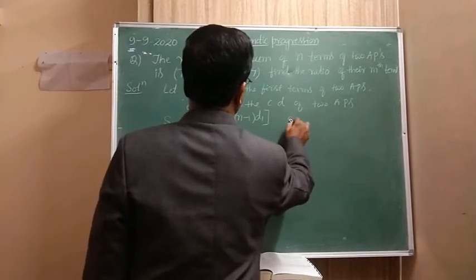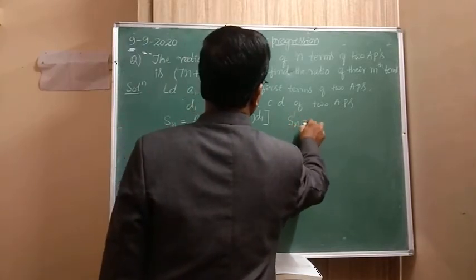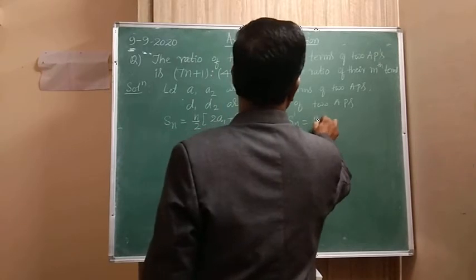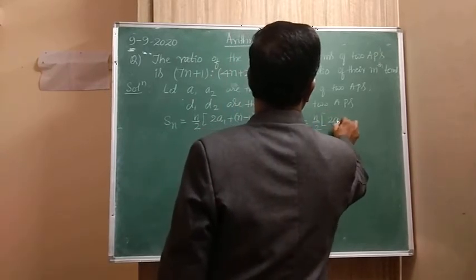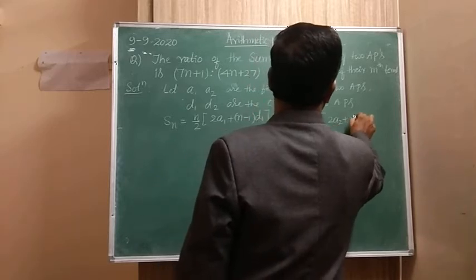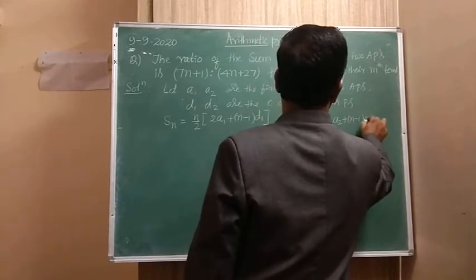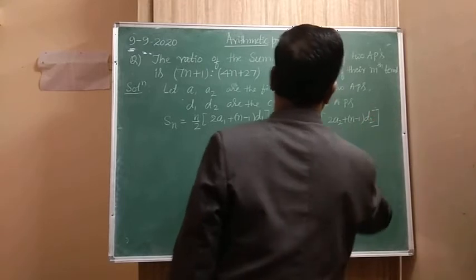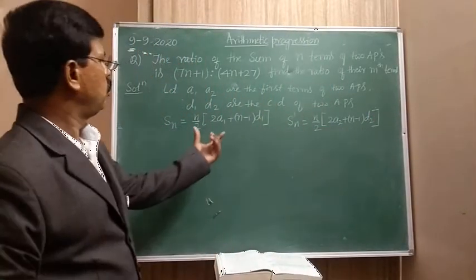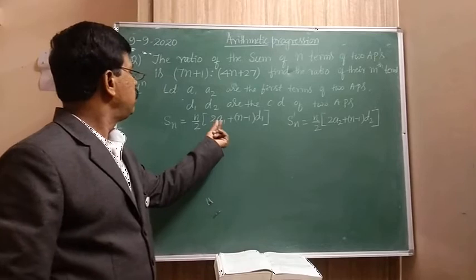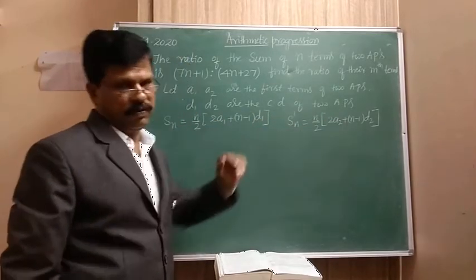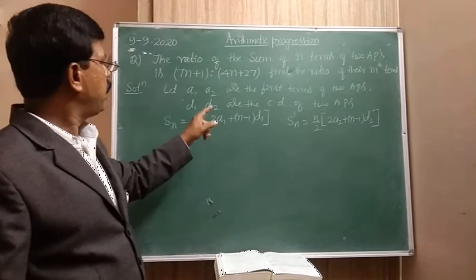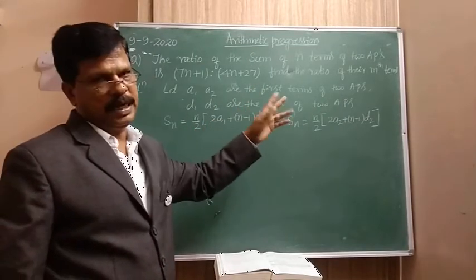And second one, S dash n, you can write this as n by 2 into 2a2 plus n minus 1 into d2. Okay, so are you clear this? Here first term, common difference. If you want, you can take it as small a, capital A, like that.